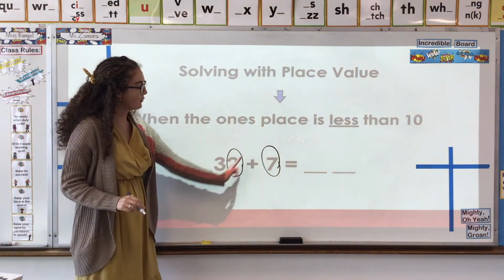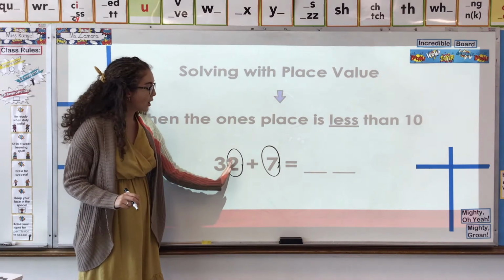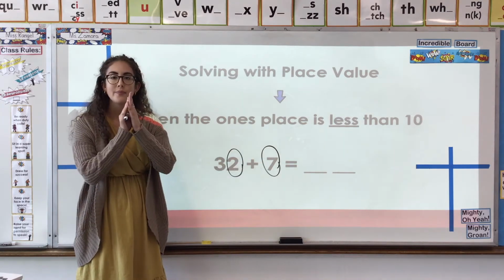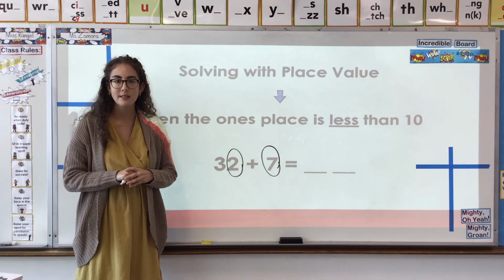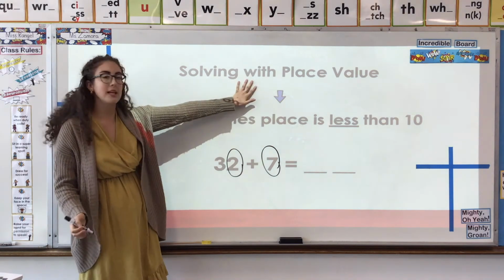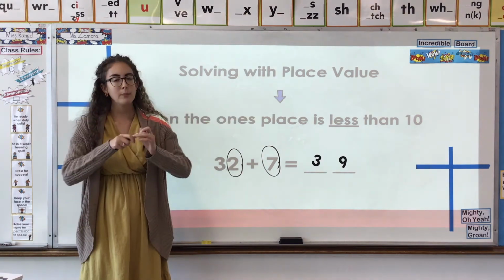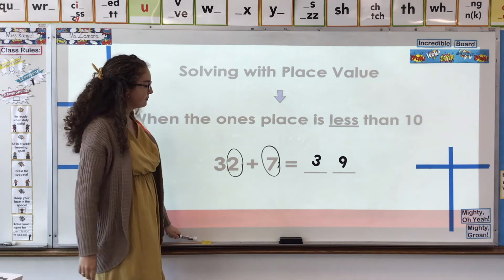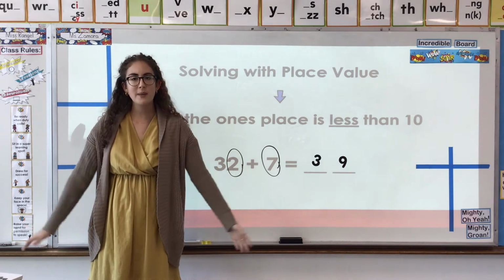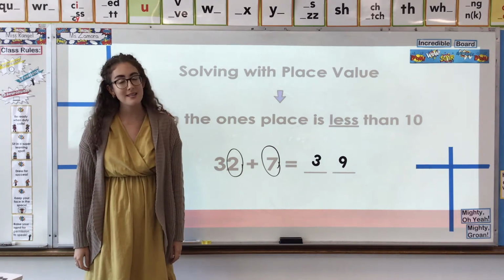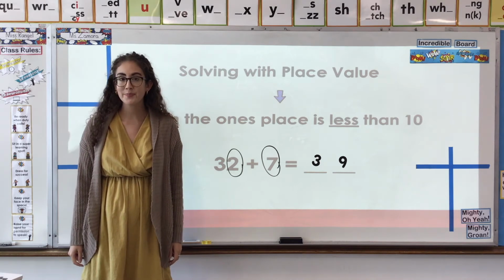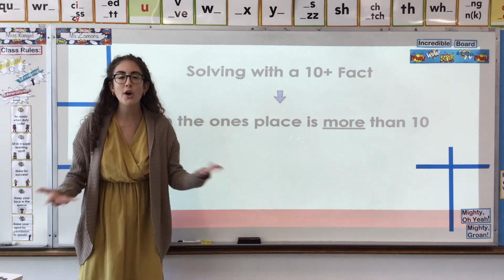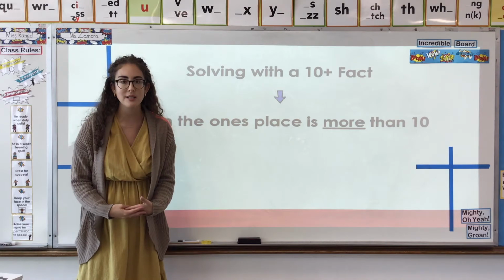Okay, so if we found out that our ones placed together is less than 10, we can solve using our place value knowledge. But what if the numbers in the ones place aren't less than 10? Then we're going to solve with a 10 plus fact.